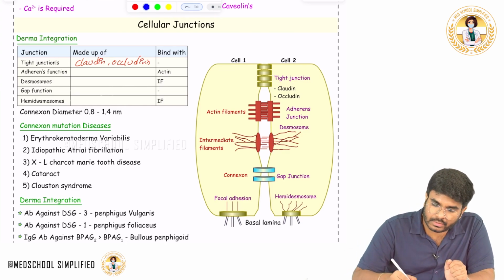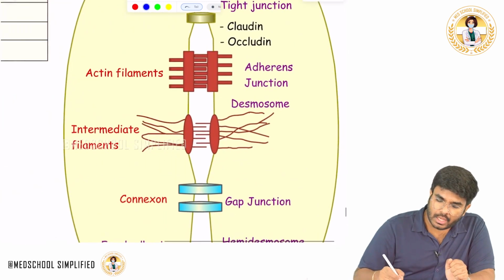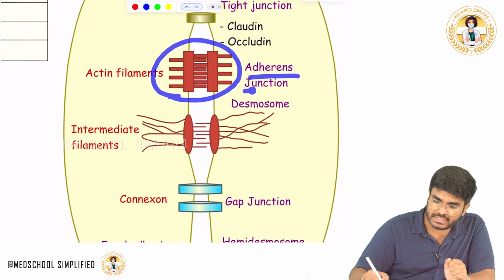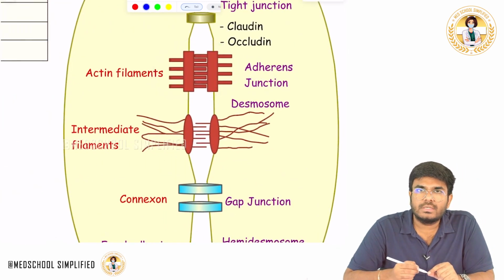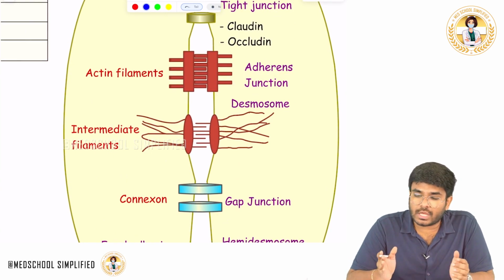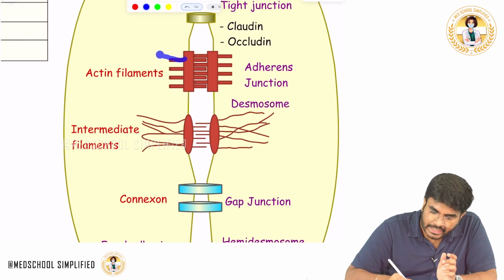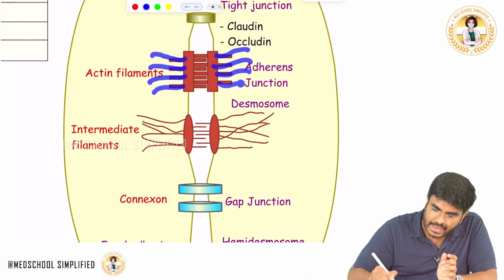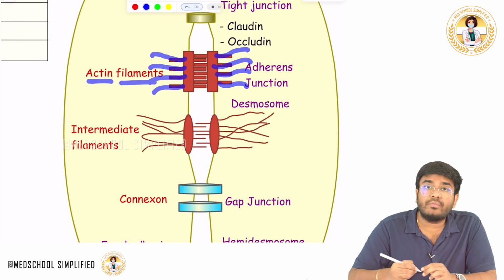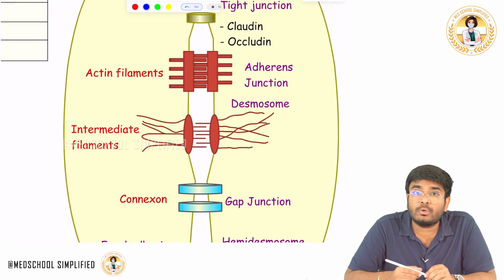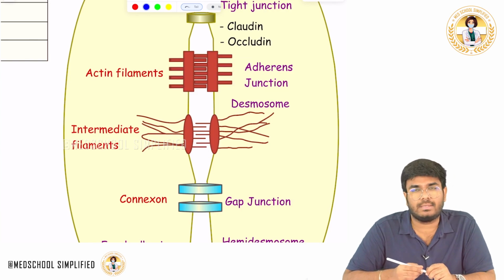Now, in between cells, there are also adherent junctions present. These adherent junctions are also bringing the cells together, no doubt. Inside the cell, they are attached with a cytoskeletal filament called actin. Actin we have already discussed. Actin is a microfilament, a cytoskeletal filament present in each and every cell.